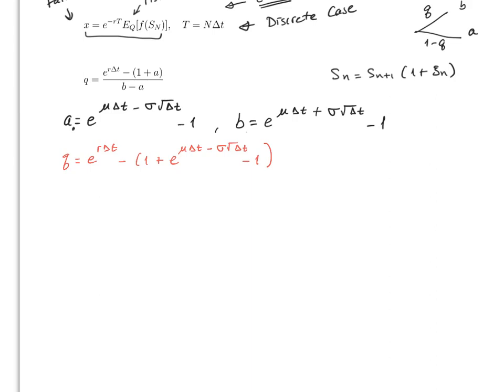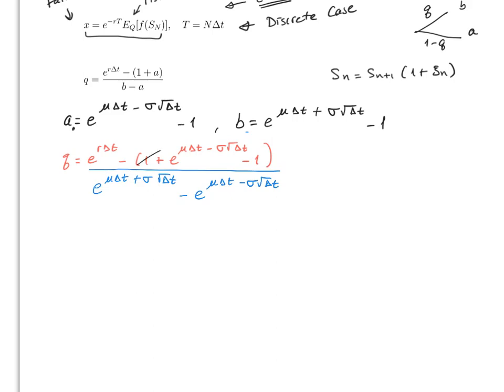You can see if you do b minus a, these two will cancel. So on the bottom, you'll end up with e to the mu delta t plus sigma radical delta t minus e to the mu delta t minus sigma the square root of delta t.